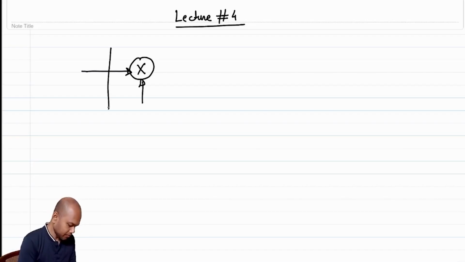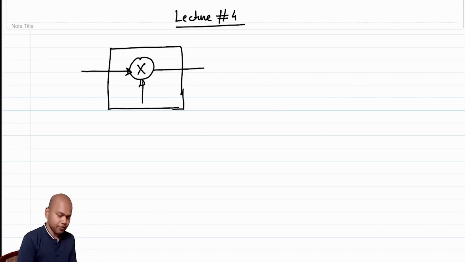For example, the case that we saw was a system where the system itself changes with time. That is, I have some time varying signal, not the input signal, that is multiplying the input. This is just an example.